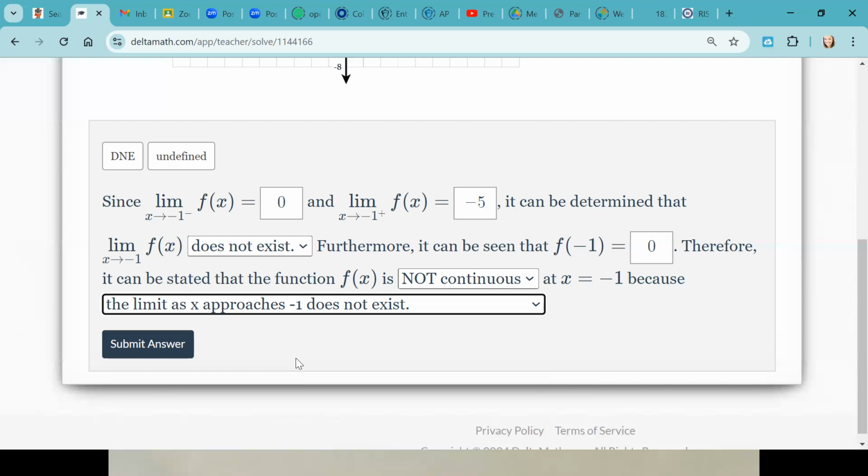So then this says that those have to match with the exist. Okay, now your reason should be, there we go. Good job. So if you're looking for all of the removable discontinuities, you're looking for all of the places.